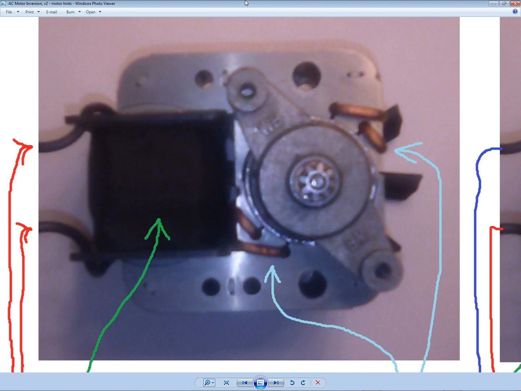If we were to look from either side, we'd see these are stacked plates that go around in a circle, shaped in a square though, a toroidal shape. And we've got the squirrel cage underneath this bracket here. This is a holding bracket. And this is the center part that moves. This part moves, but this bracket is fixed into this hole here and this hole here.